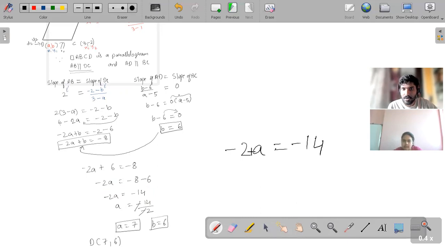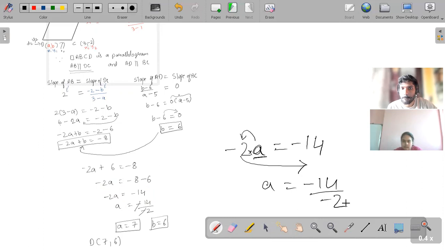Since minus 2 is in multiplication with the variable A, when you take it on the other side, it will get divided. So that's why it's minus 14 divided by minus 2.